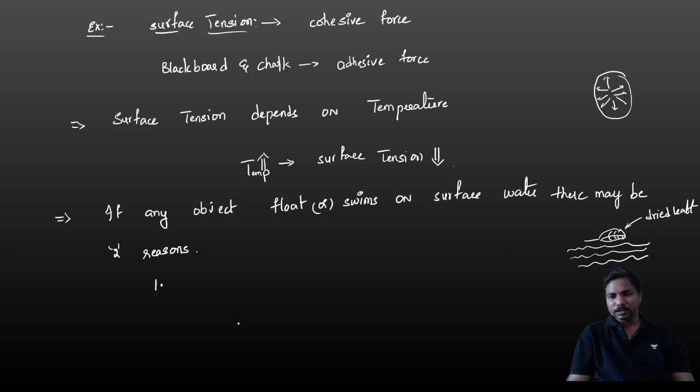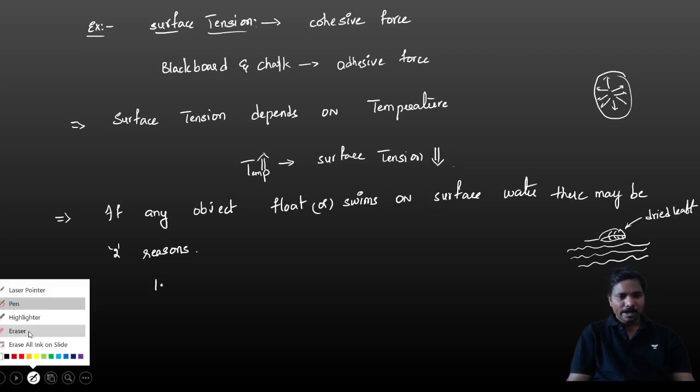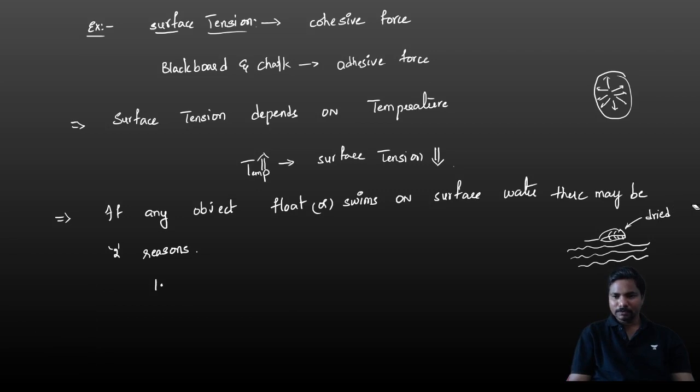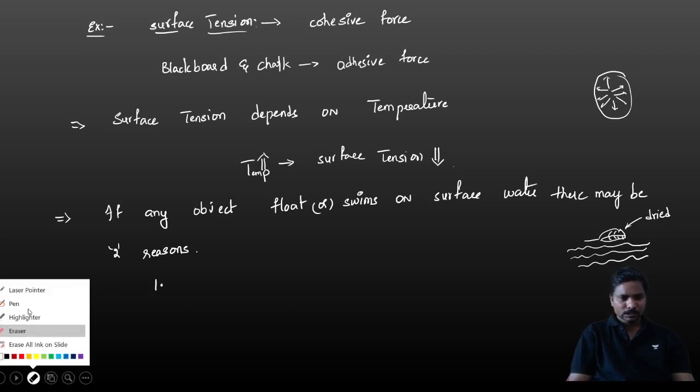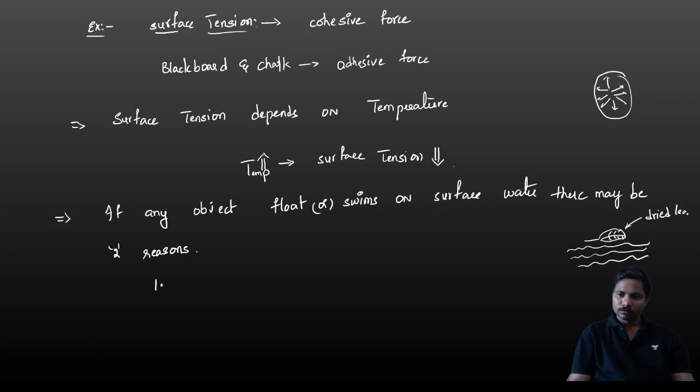A dried leaf has less density than that of water, correct? So that may be one reason: whenever the density of the object is less than the density of water.